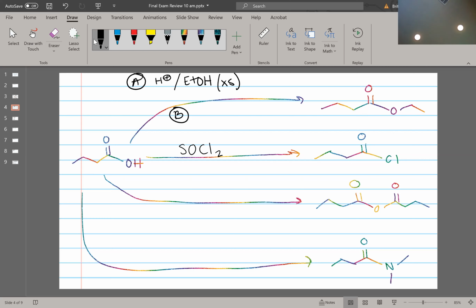Okay, and what's special about acyl chlorides? They can be used to make carboxylic acid derivatives. Yes, because they're super reactive. So in the problem above, if we reacted with thionyl chloride, what could we react with in step 2 to get to the ester?